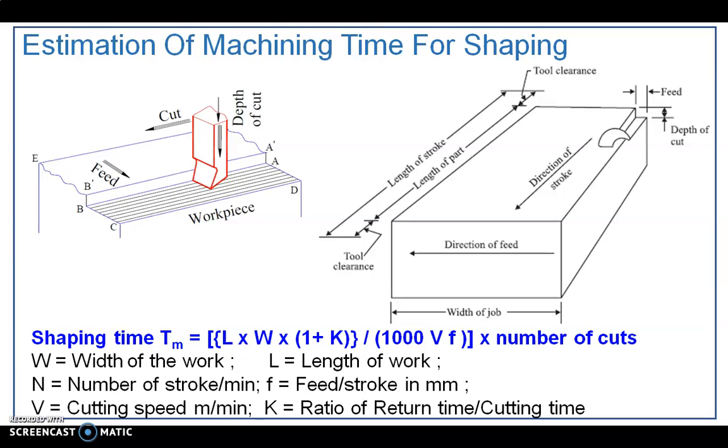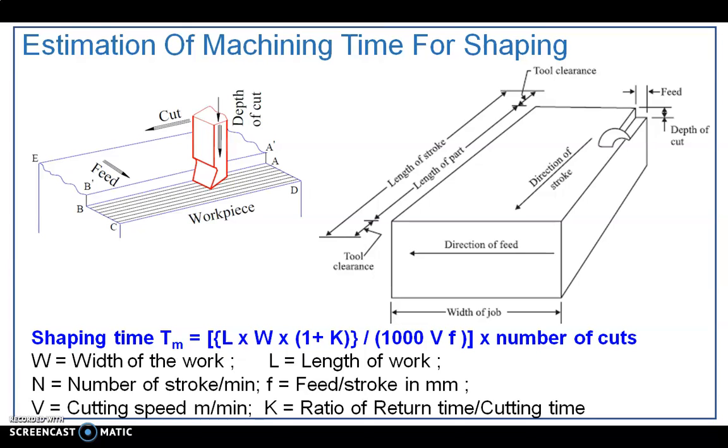L is the length of the workpiece. Here also, as in the case of milling, the tool needs to move some extra clearance on either side of the workpiece. If you machine in the length direction, before the start it should have some clearance, and at the end it should have some clearance. That means the tool must move past the workpiece in order to have a complete cut.